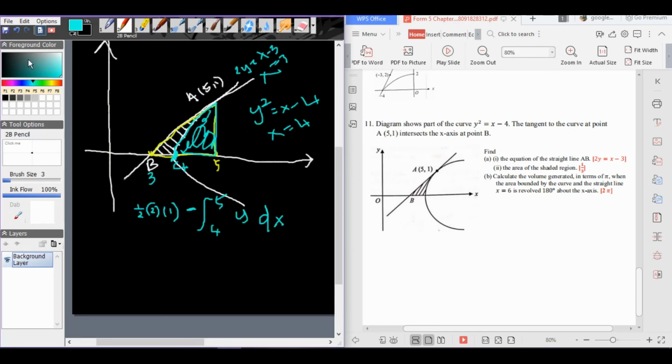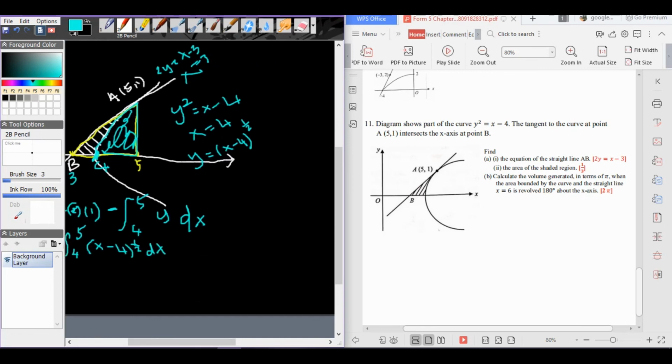We square root this equation, so y equals (x minus 4) power 1 over 2. Bring it back to the equation: 1 minus the integral from 4 to 5 of (x minus 4)^(1/2) dx.